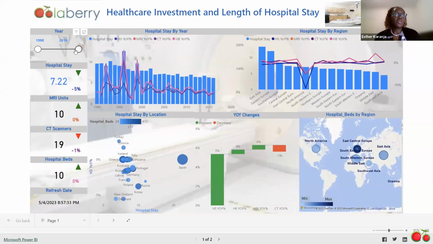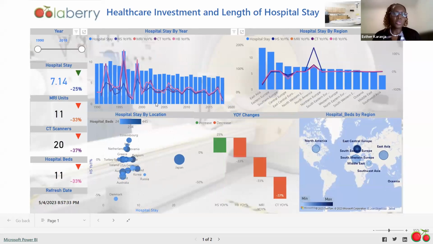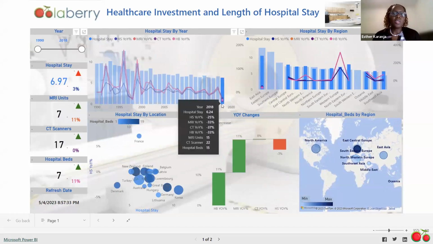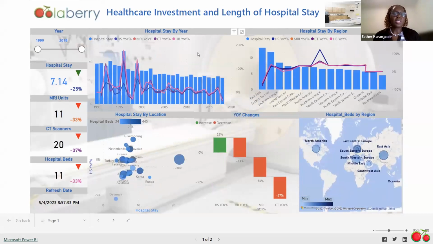Now let's look at the general picture. Here we see that from the year 2003 to the year 2018, there was a plateau. That means there was no major decrease in hospital stay.